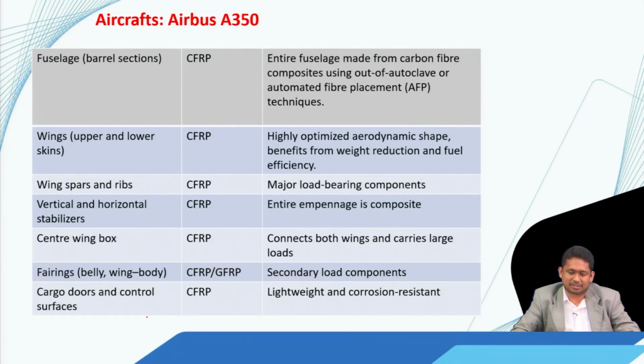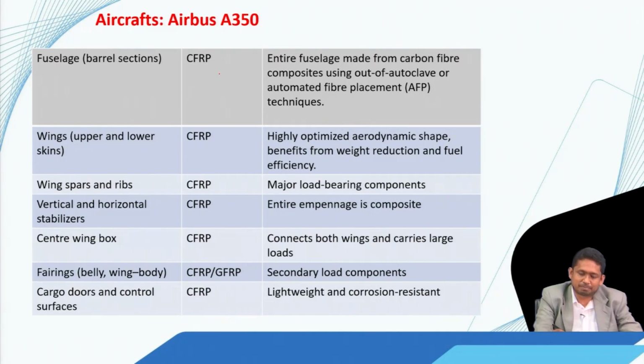This table shows the use of various composite materials in various parts of the aircraft. In the fuselage, it has CFRP. The entire fuselage is made from carbon fiber reinforced composites using out of autoclave and automated fiber placement techniques. In fact, mostly it is CFRP, as we have seen, and the same in the Boeing 787.